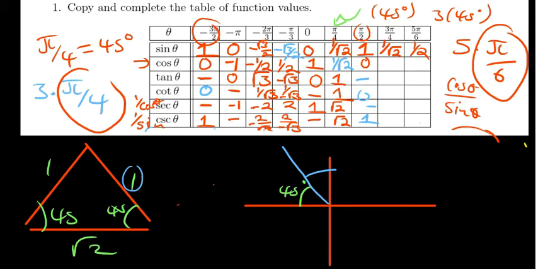Second quadrant. So here sine is positive, the rest are negatives. So let's see what we're going to have. Cosine of 45 is actually 1 over root of 2. Now we're in the second quadrant, so it will be negative 1 over root of 2.